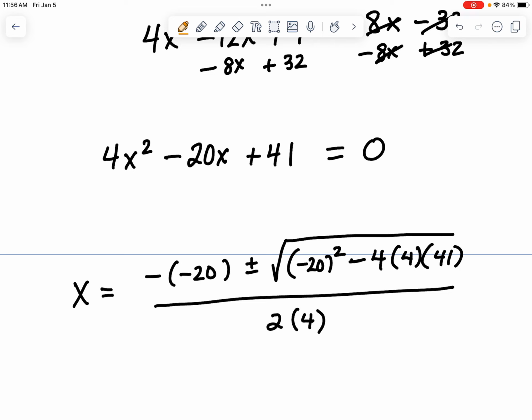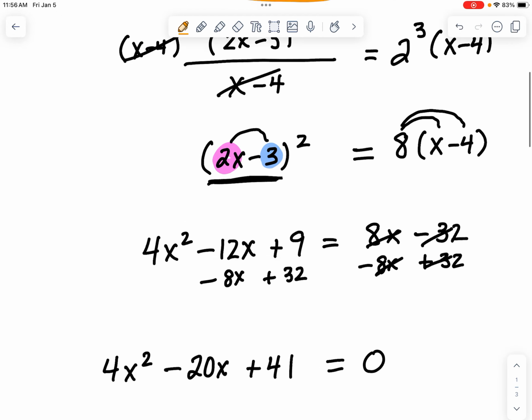So inside the radical, negative 20 squared is 400. And then this would be 16 times 41. So 16 times 41, just calculating that quickly in my head, just kidding, I have a calculator on the side, is 656. So this is going to go minus 656. And that means that we're going to have an imaginary number.